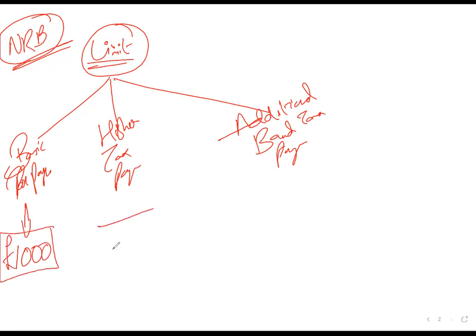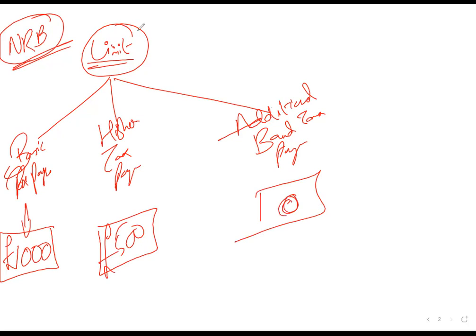If you are a higher band taxpayer, your nil rate band will be £500. And if you are an additional taxpayer, your nil rate band will be £0. That is, nil rate band will not be applicable.